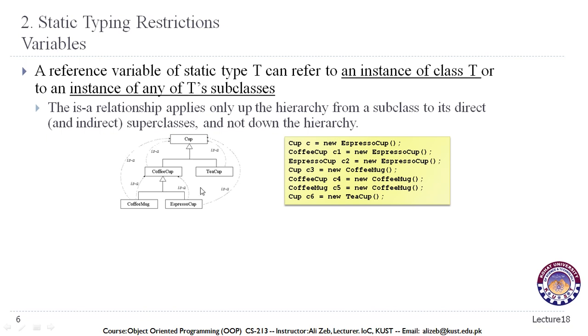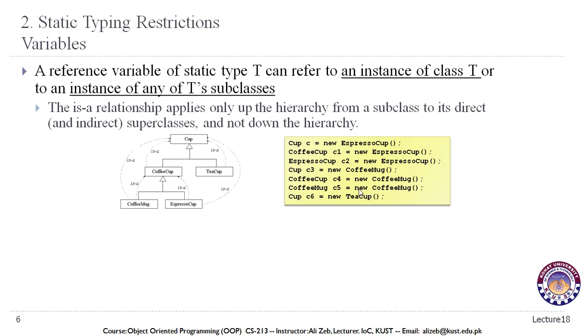So CoffeeCup again is a superclass of the CoffeeMug, and we understand that we can use the superclass reference to declare an object of the subclass. CoffeeMug can only be used, according to our hierarchy, to declare a variable of the CoffeeMug class only.